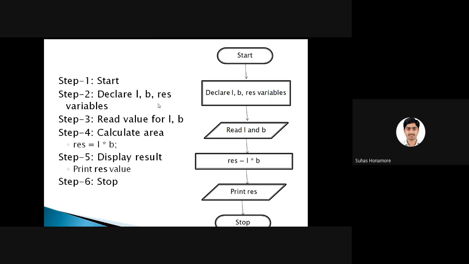If you saw, this is the same thing we did in the algorithm. The first step, declaration, is the same: L, B, and result, the three variables we declared. Then reading the values L and B, here also we are reading the same thing. Then calculate area: we give some statement and calculate the formula.